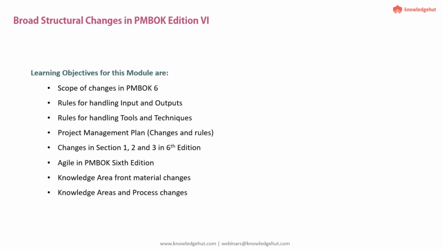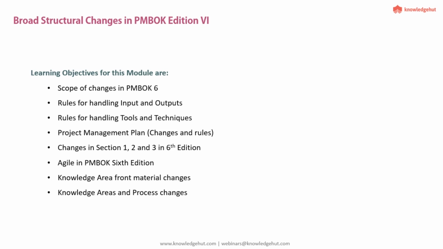Plus, I think in PMBOK 6th edition, for every chapter, for every knowledge area, there are 10 knowledge areas. That is how PMBOK is structured, knowledge area wise. So what they have done is, for every knowledge area, they have dedicated some initial information, what they call front material for all the knowledge areas.